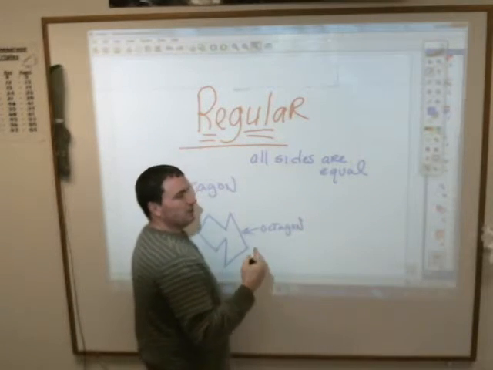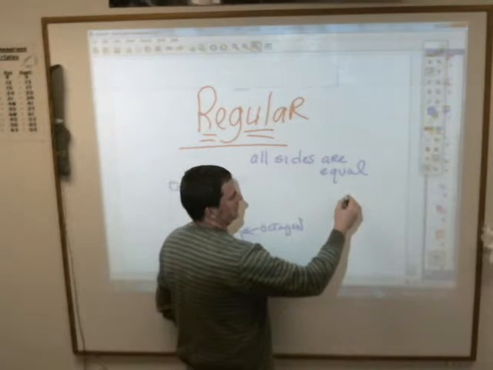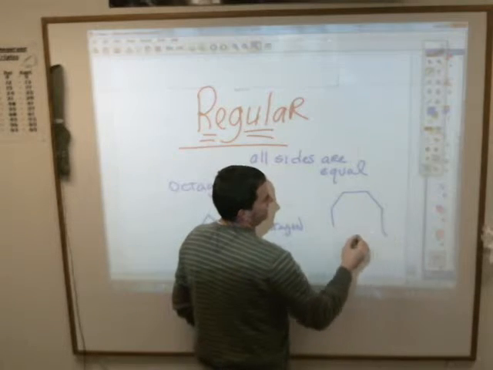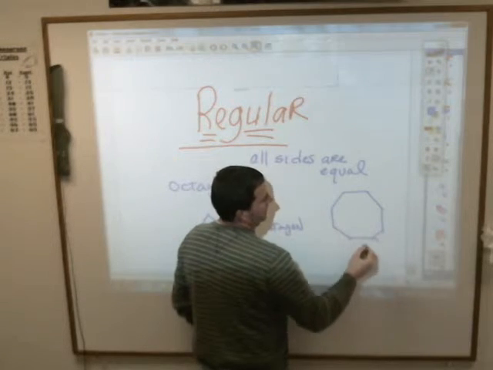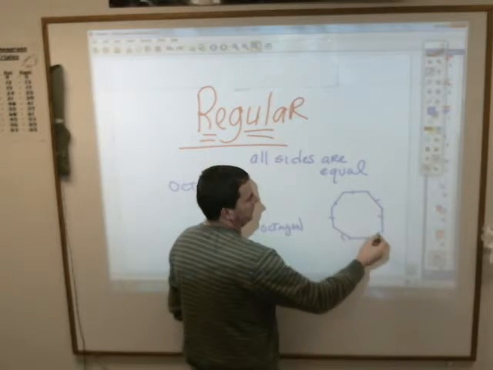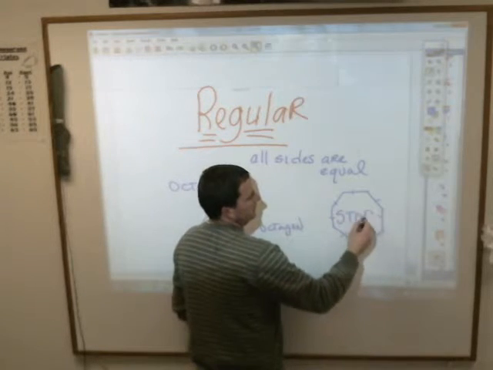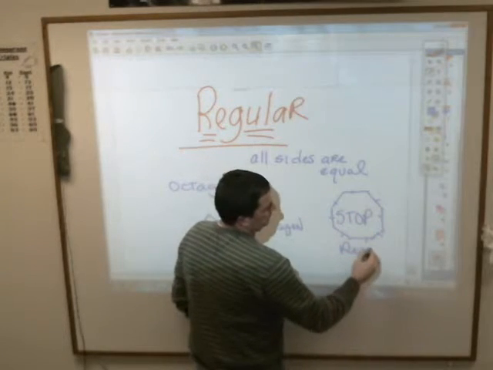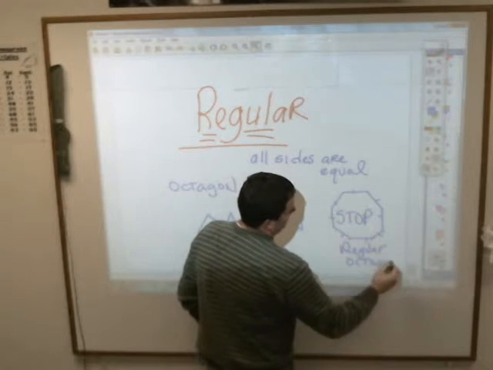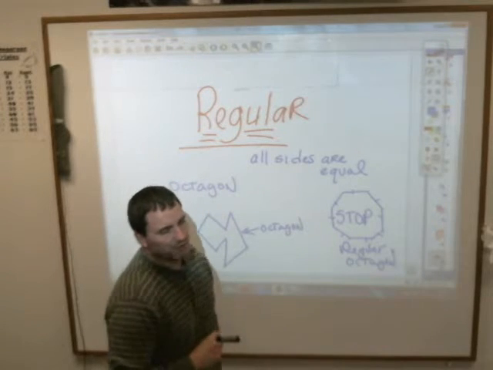And when you mean regular, it means that every side of the octagon would be the same length. And usually you think of this stop sign looking shape. All 8 sides are the same length. The stop sign is a regular octagon.